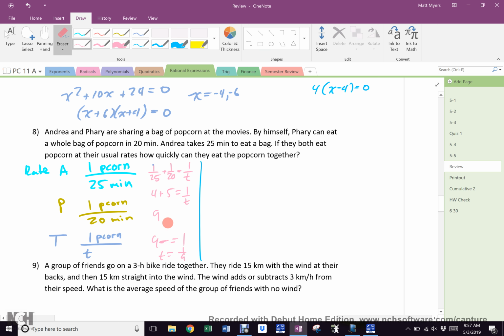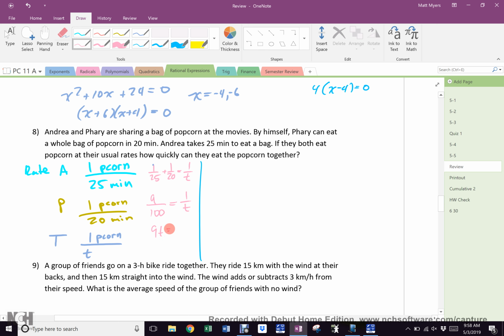What's wrong with what we've done here? Why is it 9 over 100? Because you have to change this common denominator, yes? Okay, so it's still 9 over 100 equals 1 over t.